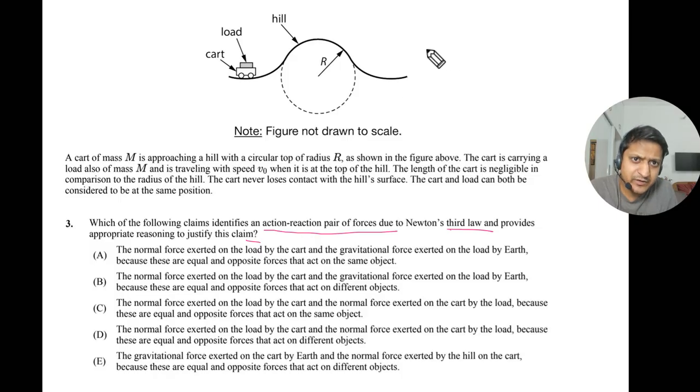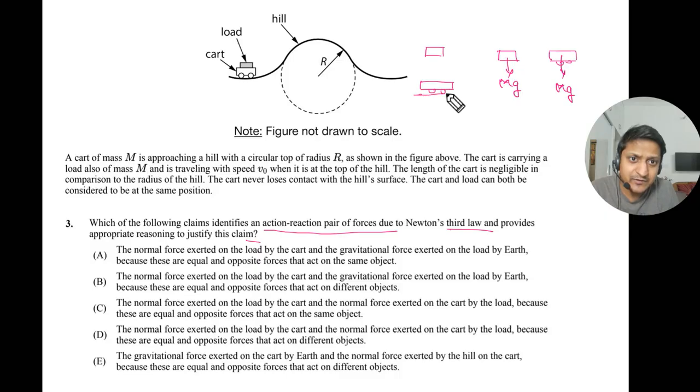So if we consider that this is the load and this is the cart, and they are nowhere near the earth, at some atmosphere, what will be the free body diagram for this? It would be like mg, and here also mg.